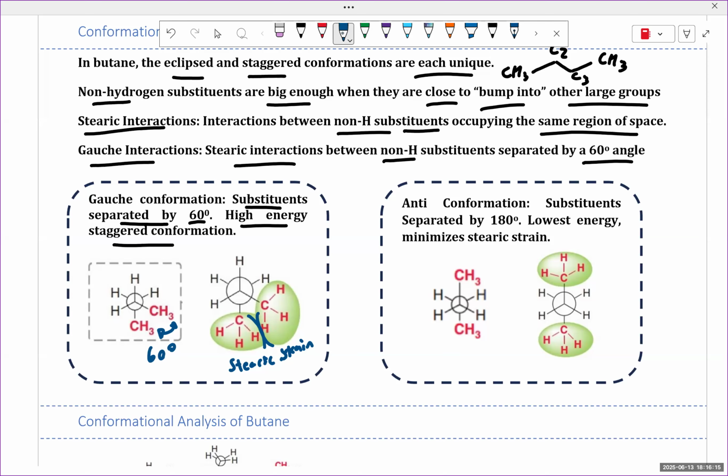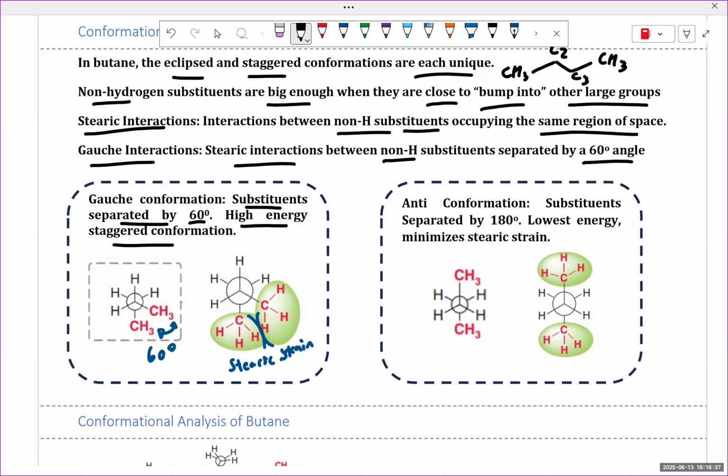The gauche conformation is higher in energy than a traditional staggered conformation because of these destabilizing steric interactions. And the reason this can happen is your substituents are separated by a small 60-degree dihedral angle, so they're close enough that they can actually bump into each other.